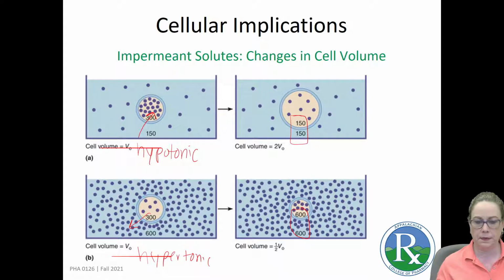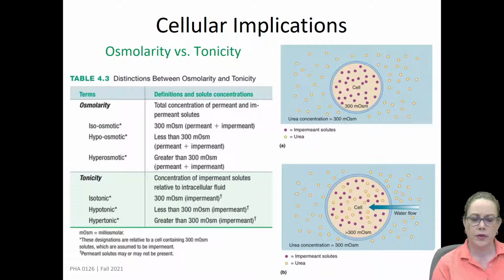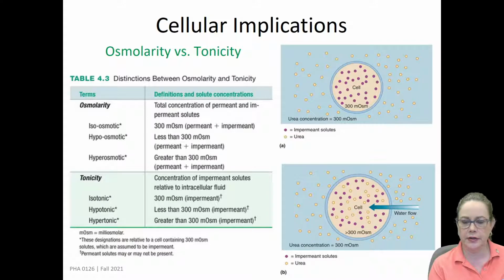Under physiological conditions, you're often in the scenario where you have a combination of both permeant solutes, meaning able to cross the membrane, and impermeant solutes that can't cross the membrane. These figures are illustrating that, where urea is a permeant solute, able to cross the membrane.